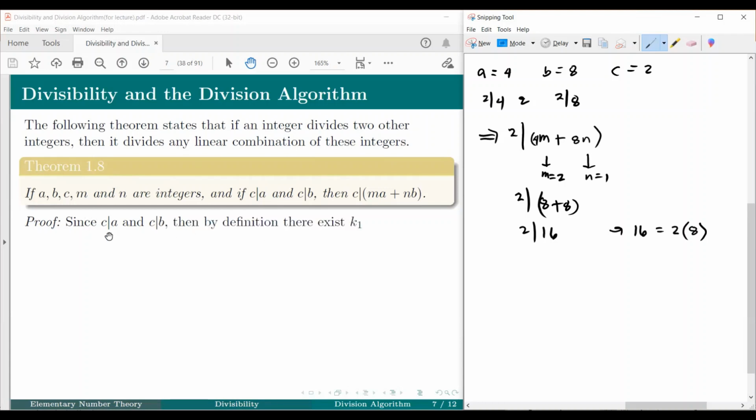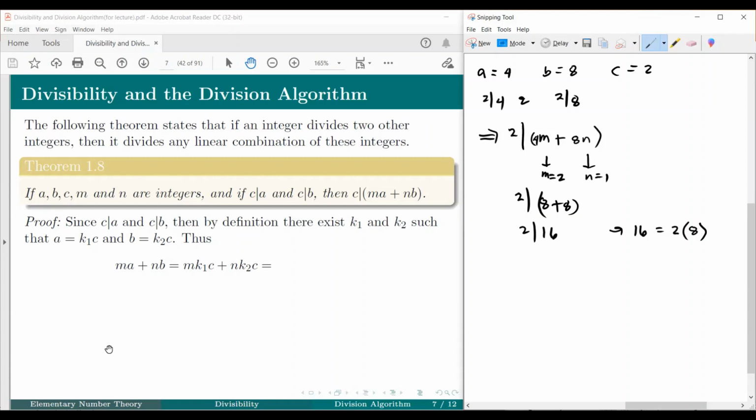There exist K1 and K2 such that A is equal to K1C, and the second one, B is equal to K2C.